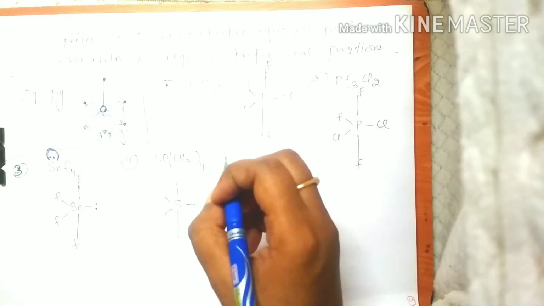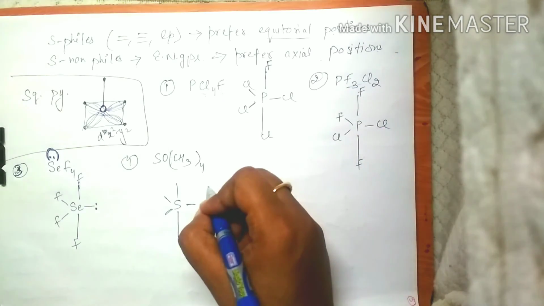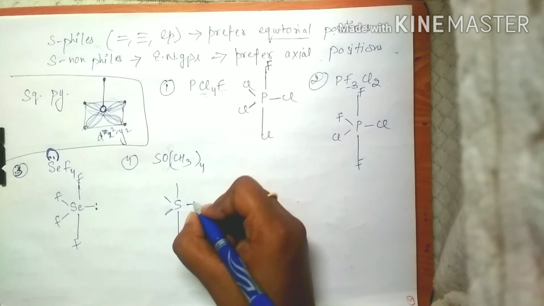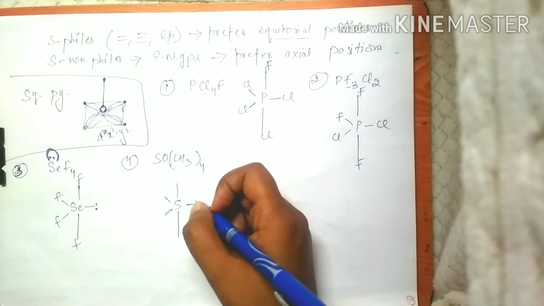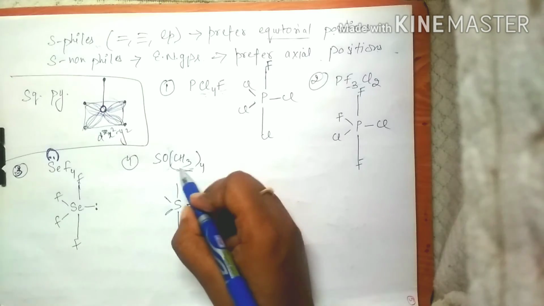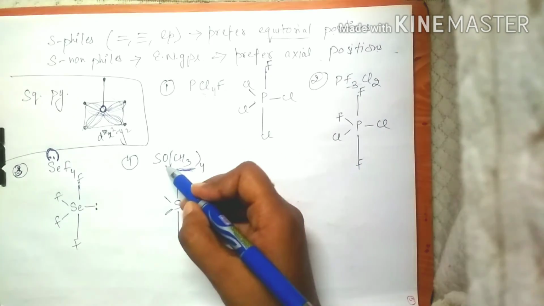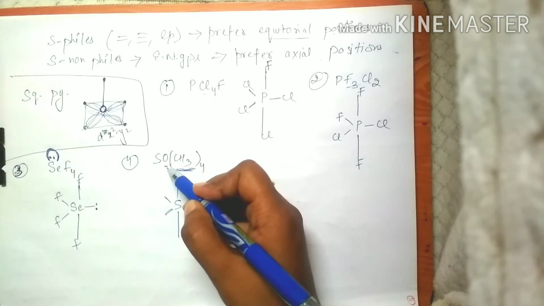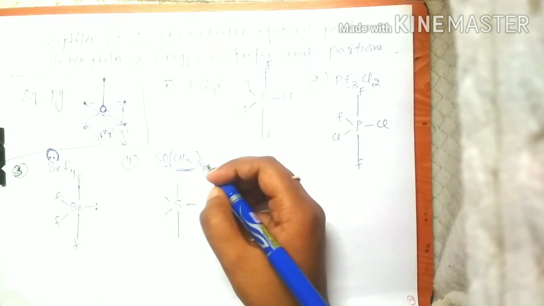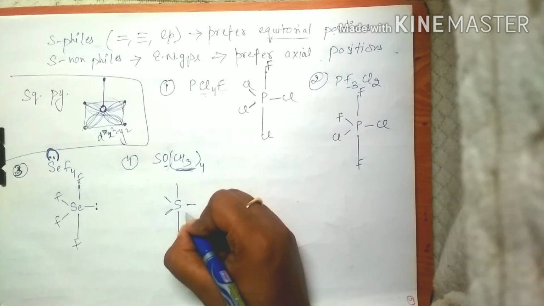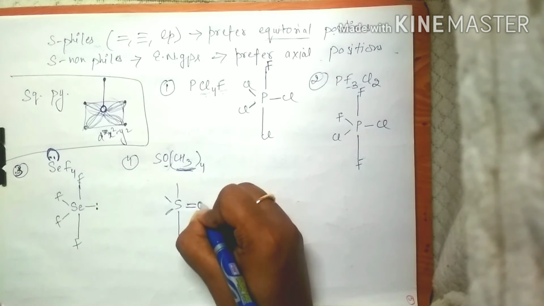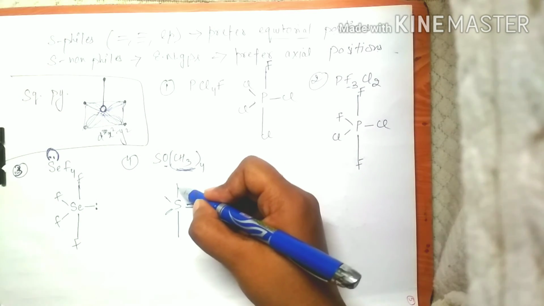Your sulfur and oxygen are bonded with a double bond. So what you have to remember is that this CH3 group is less electronegative than your oxygen, but still, what happens, this double bond O will go to the equatorial position instead of this axial position.